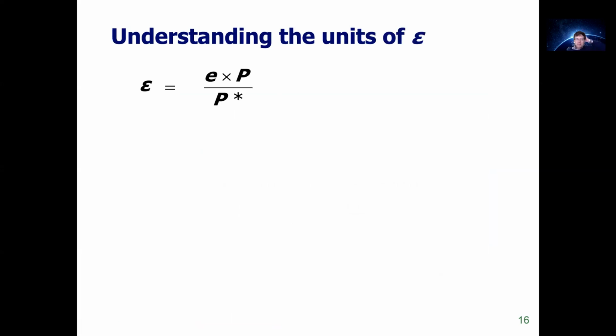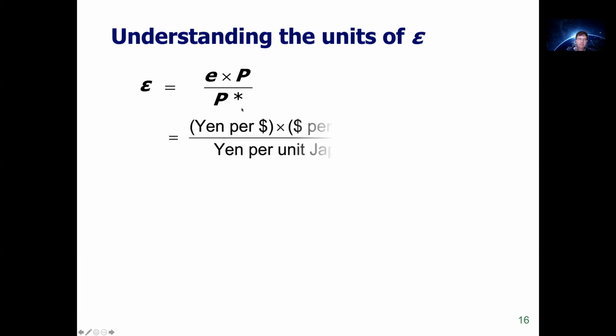Okay, you have to look very carefully to understand these identities, but here's what we need to do. What's the real exchange rate? We take the nominal exchange rate, then multiply by the price in the US, that's the P, and then divide by the price in other countries, P star.